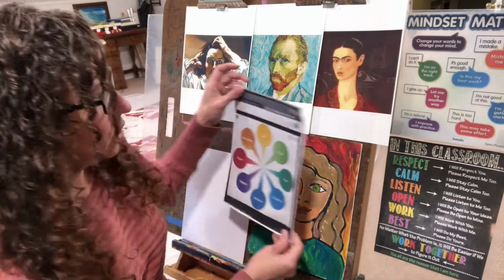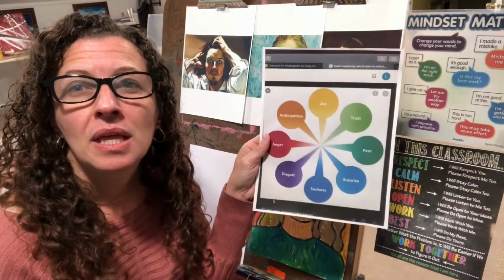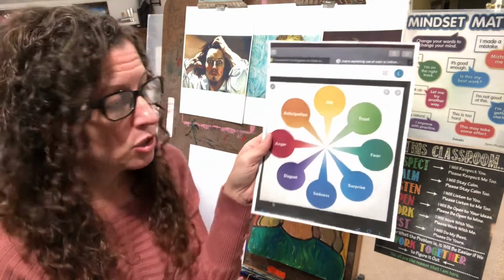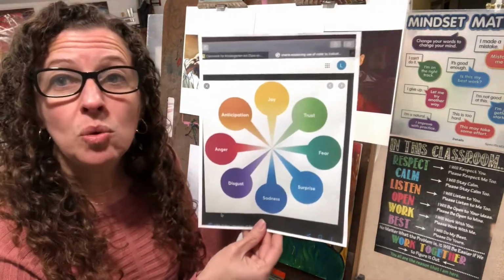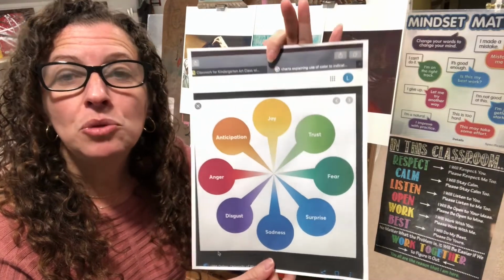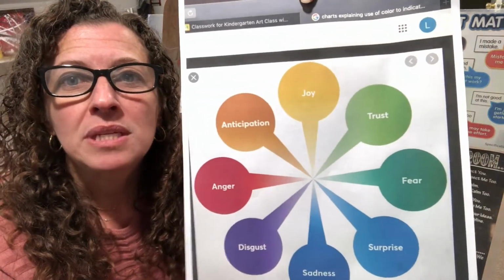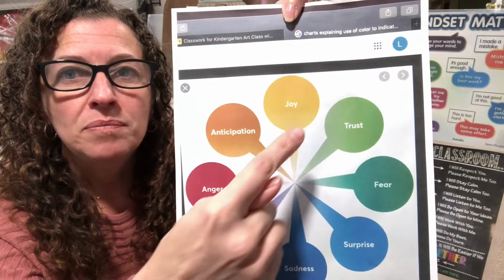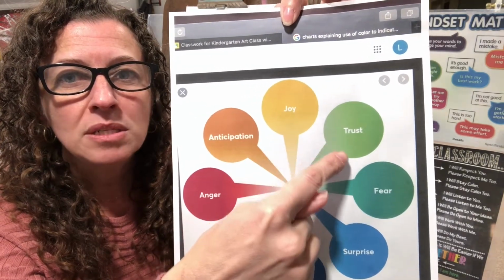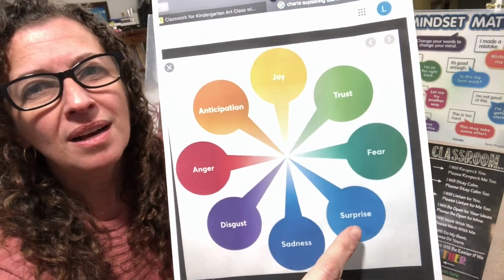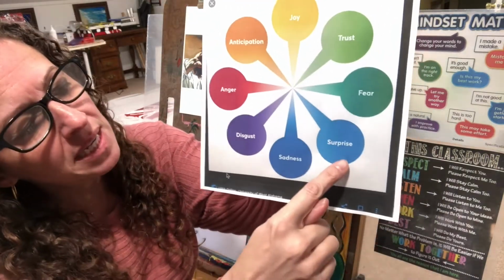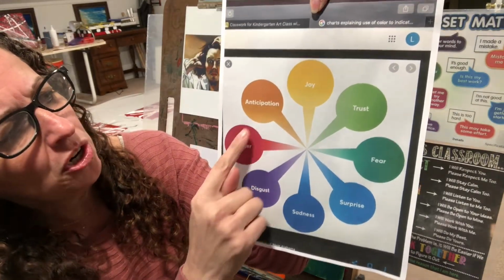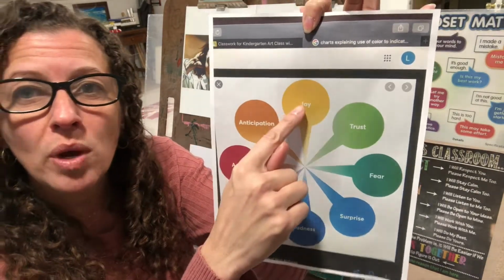I also wanted to show you and share with you the color wheel, but it's an emotional color wheel. So this is also going to be found under the attachments so that you can look at them. But if you notice, in each circle, you find a word: joy, trust, fear, surprise, sadness, disgust, anger, anticipation, and joy.